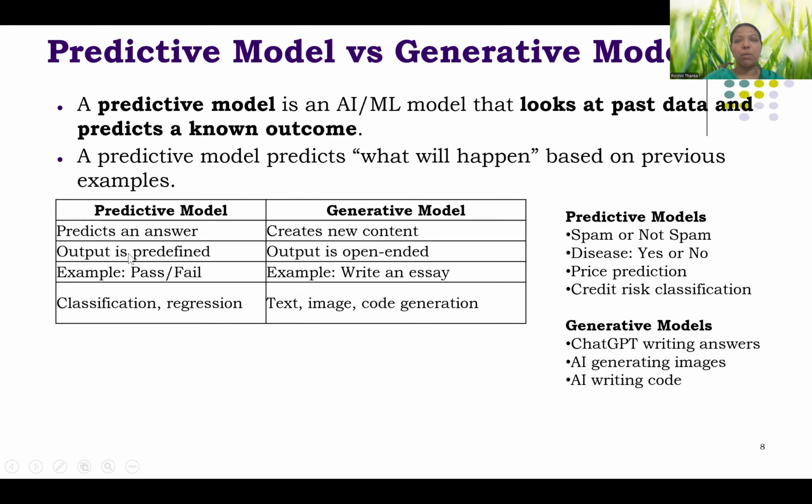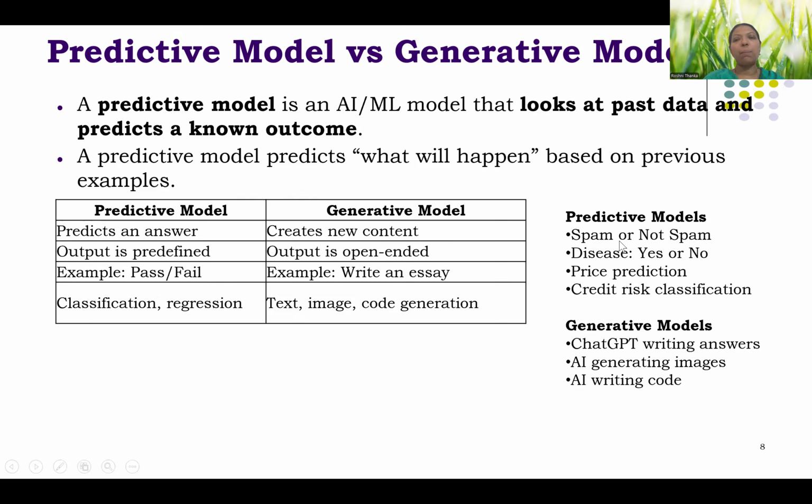A predictive model will do prediction, analysis, classification, regression. But generative AI will create a new image, new content, new kind of code according to the input requirement, all these things. Examples of predictive models I have already told you: predicting whether this mail is a ham mail or a spam mail, whether this person has a disease or not, price prediction, credit risk classification.